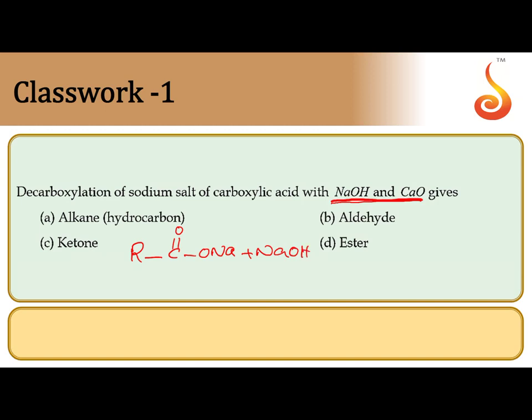On decarboxylation using soda lime, the alkyl group is separated and combines with hydrogen, forming RH. RH is nothing but an alkane. Alkane plus Na2CO3, which is the byproduct. So the answer is alkane.